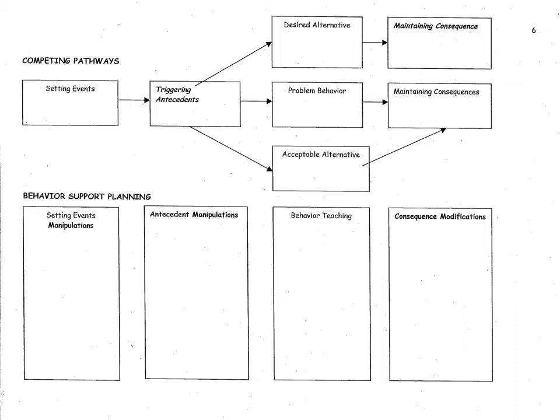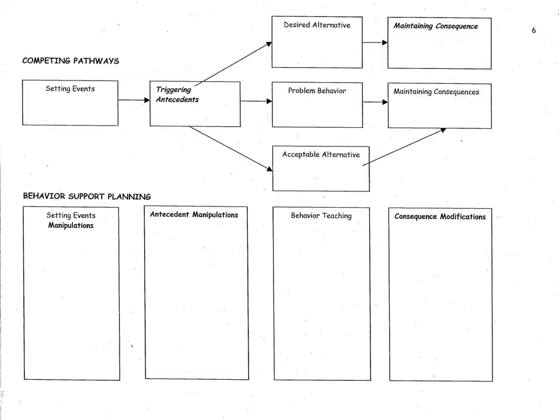Another example, if problem behavior is to refuse work and talk out to get teacher's attention, then acceptable behavior might be asking for teacher's help or asking feedback from teachers. So the student still gets teacher's attention by doing these types of acceptable alternative behaviors.